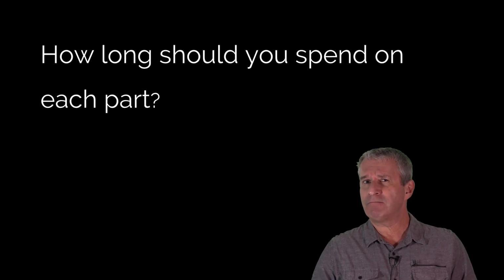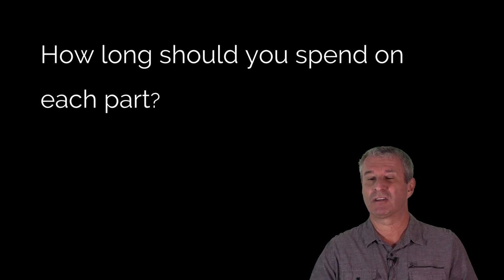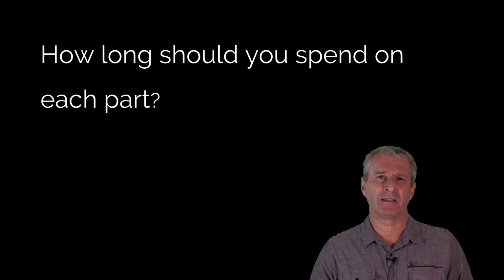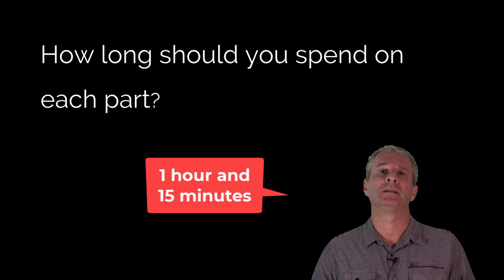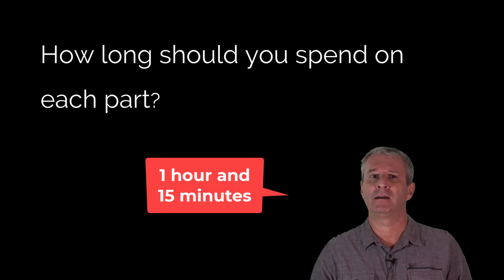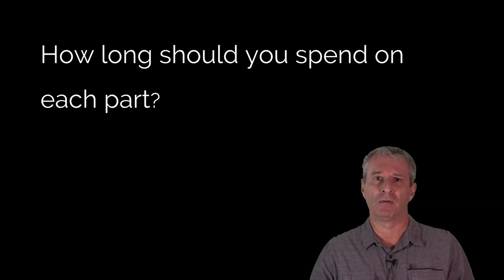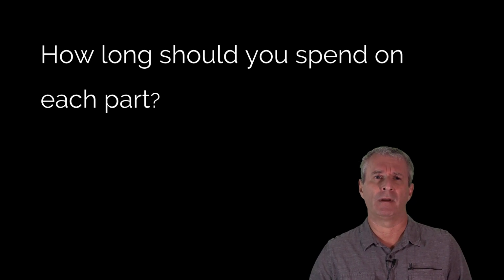Do you remember how much time you should spend on each of the 7 parts? Well, you have 1 hour and 15 minutes in total, and there are 7 tasks to do. So how should you divide your time?